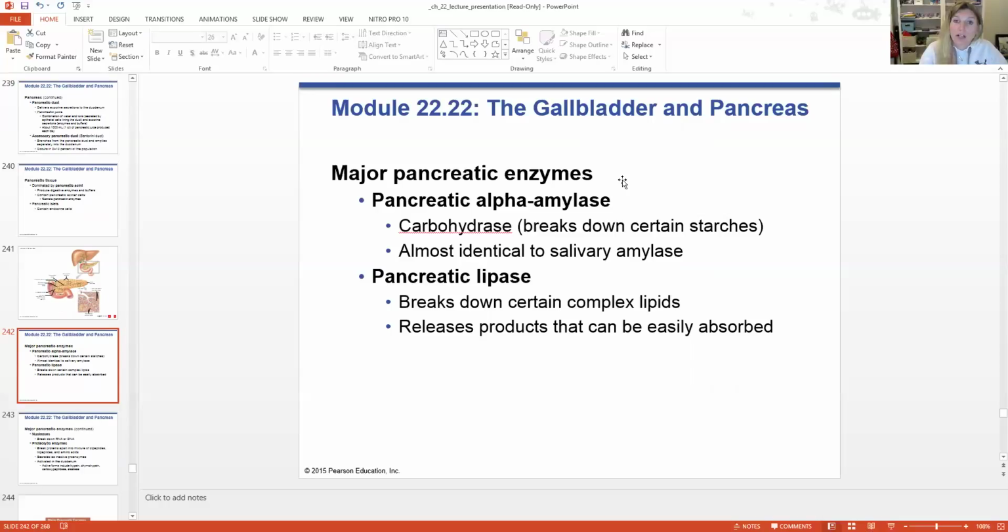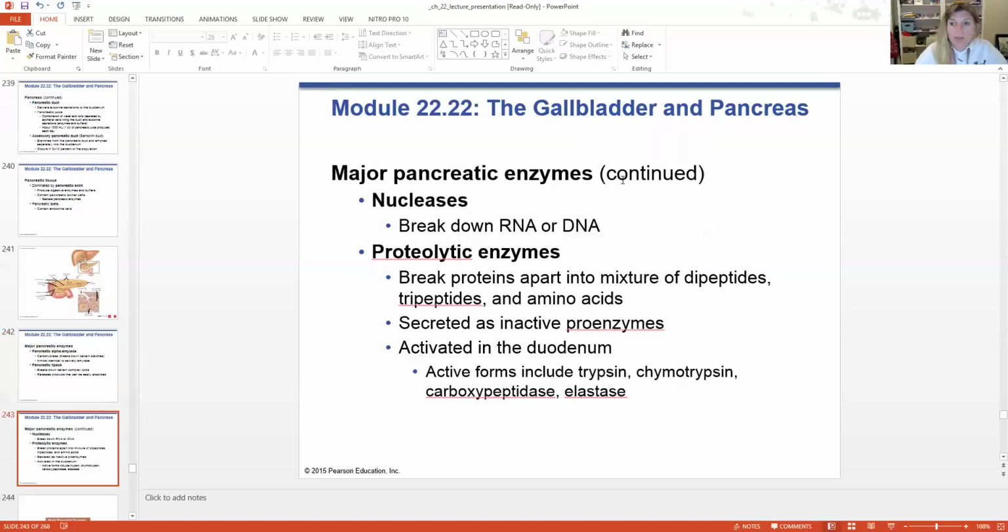There's also pancreatic lipase. Pancreatic lipase breaks down certain lipids and it releases the products that can easily be absorbed, so smaller lipid droplets. You also have nucleases, which are going to help break down RNA and DNA, and then the proteolytic enzymes breaking down proteins into dipeptides, tripeptides, and amino acids themselves.